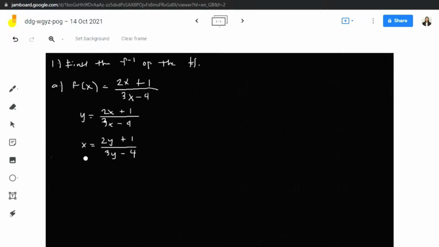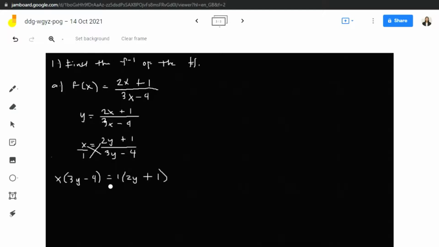Now we can cross multiply this one. Remember that all the whole numbers can be written in the form x over 1. Any number that is whole, consider its denominator as 1. So we can cross multiply this. We have x times 3y minus 4 equals 1 times 2y plus 1.